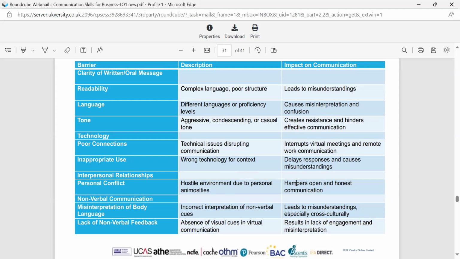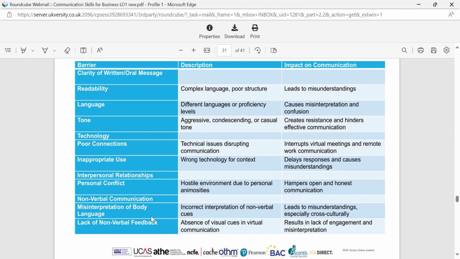Interpersonal relations: personal conflicts or hostility due to personal animosities, and the impact on communication is that it hampers open and honest communication. Non-verbal communication: misrepresentation of body language, the way you stand, the way you talk, incorrect interpretation of non-verbal cues, and it leads to misunderstanding, especially cross-culturally.